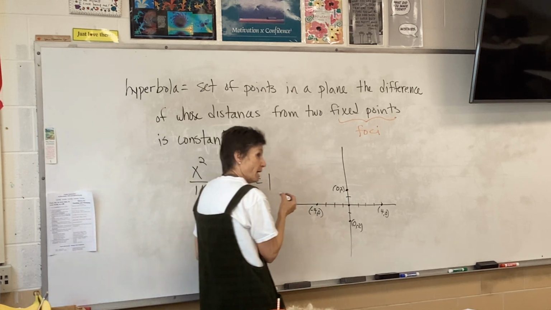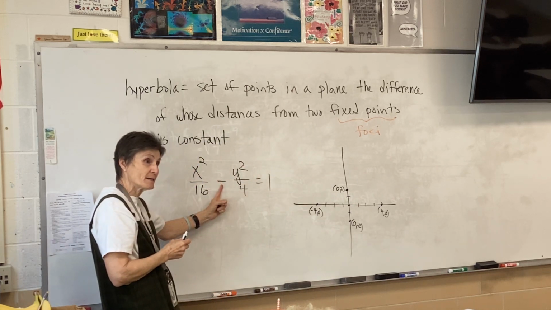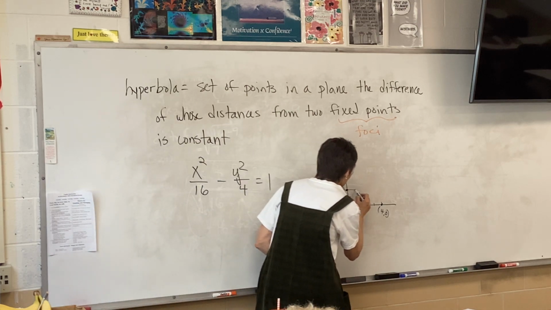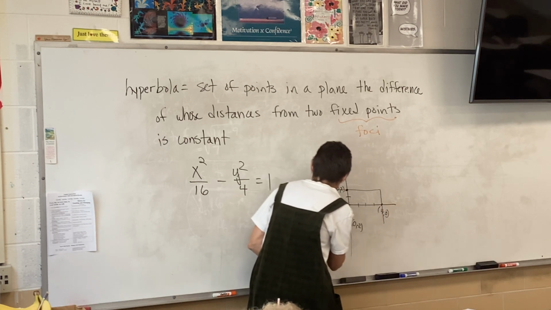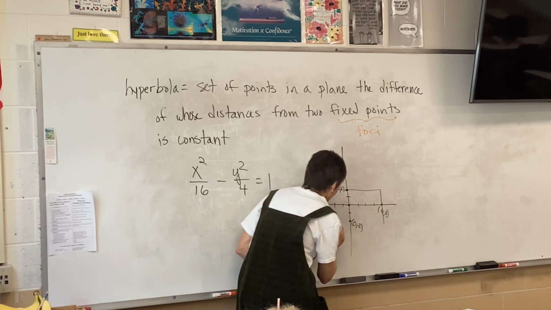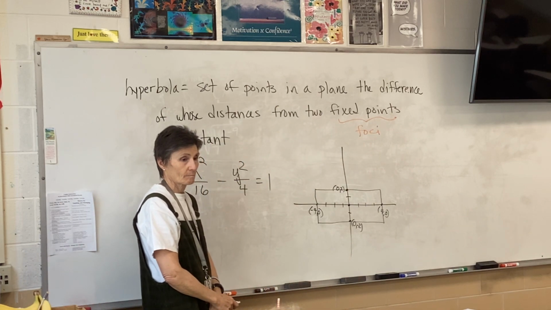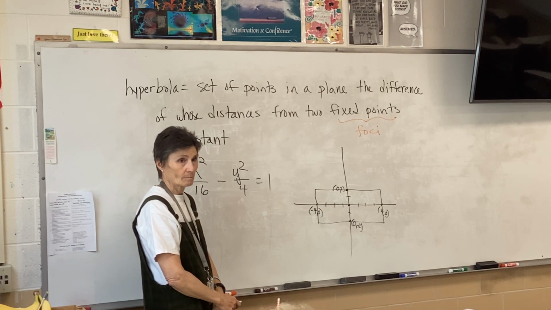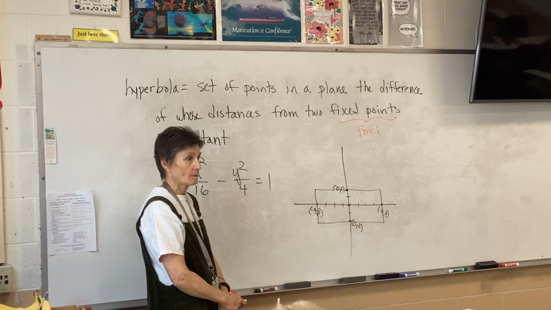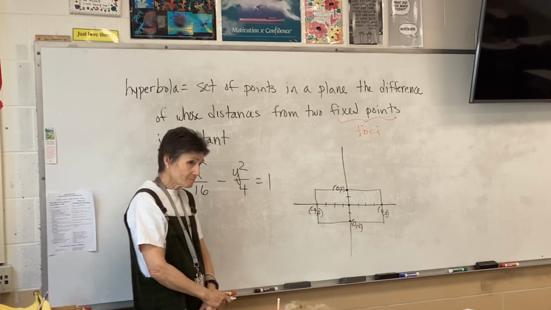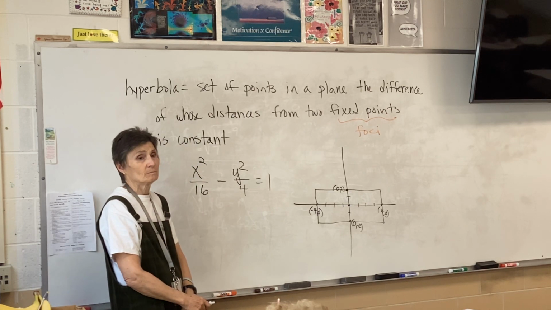With a hyperbola, and you know it's a hyperbola because it's got a minus, you draw a rectangle through those points. Okay, so when it's a hyperbola, you draw a rectangle.